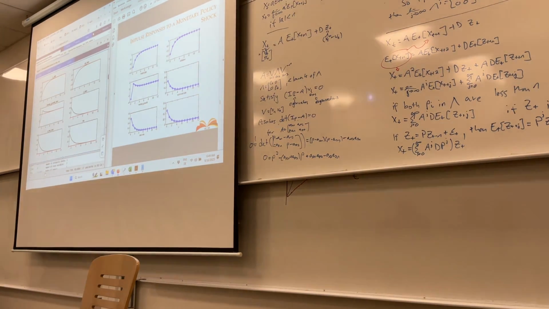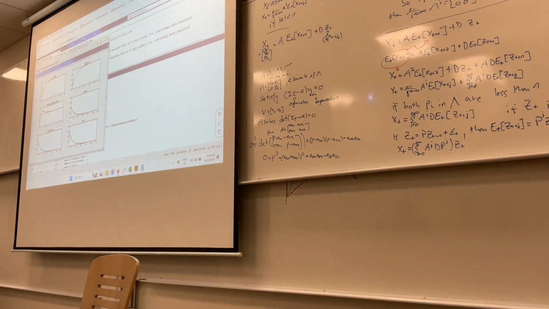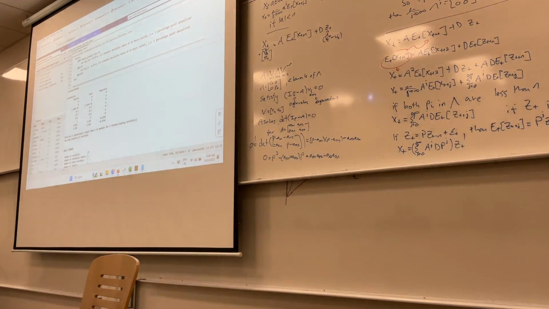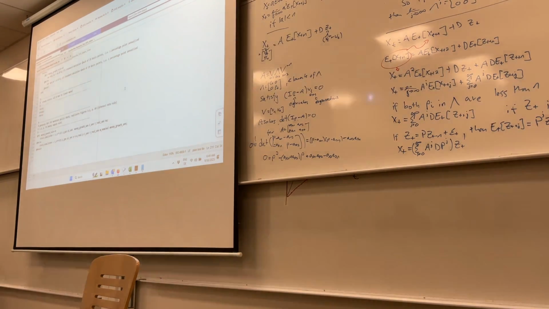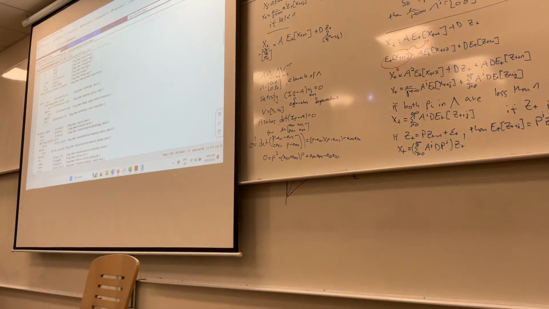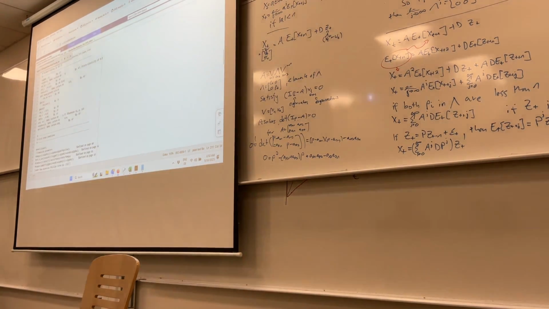Okay. What I want to do now is to think of changing monetary policy, and then we're going to go for lunch. But let's look at a very, very hawkish monetary policy.